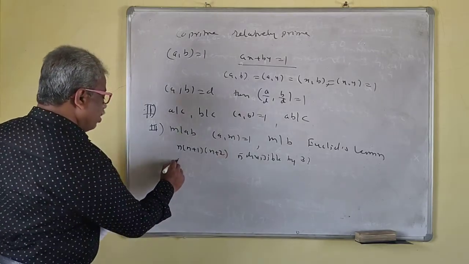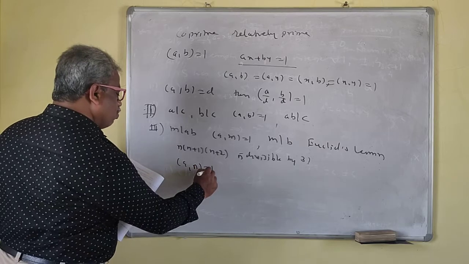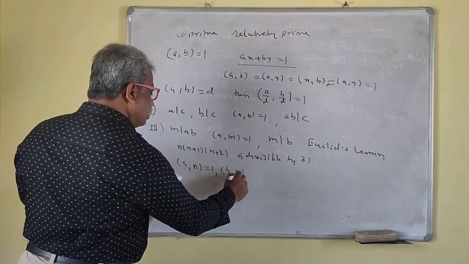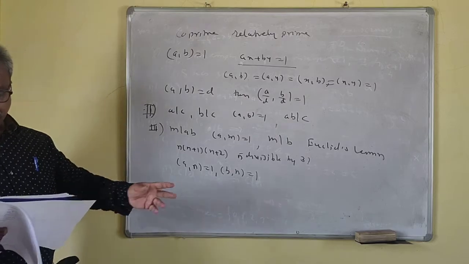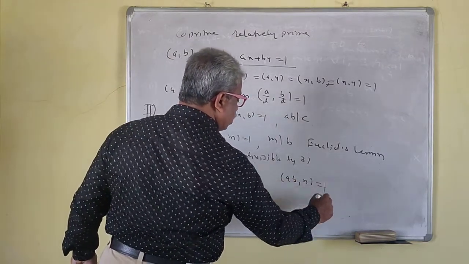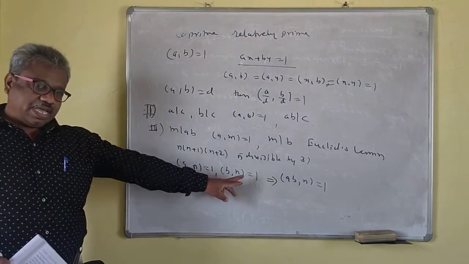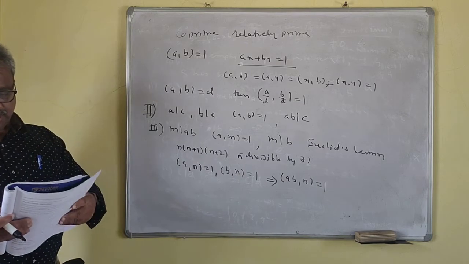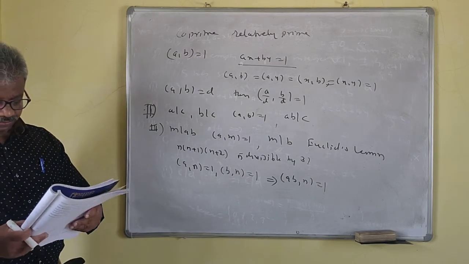Another thing is, if GCD of a and n is equal to 1, and GCD of b and n is equal to 1, then GCD of ab and n is also 1. Okay, so this also you should remember.